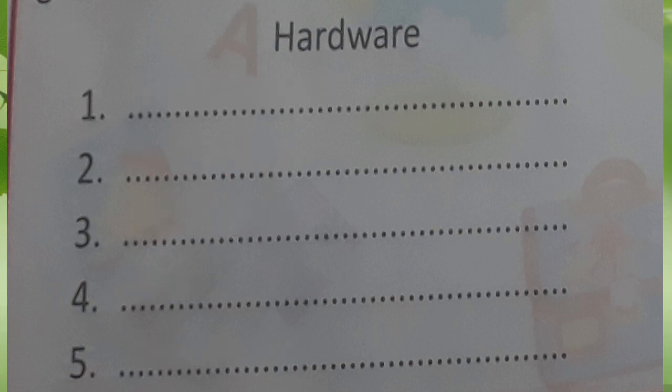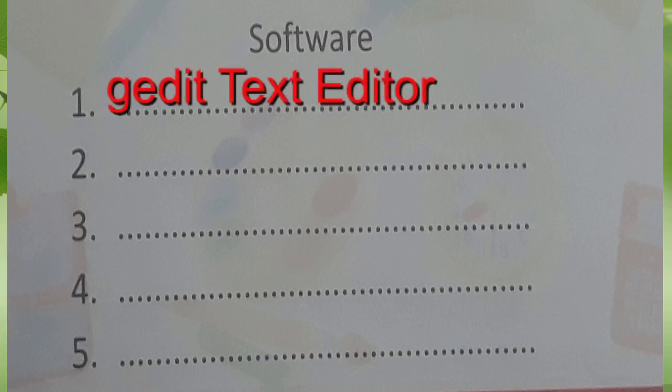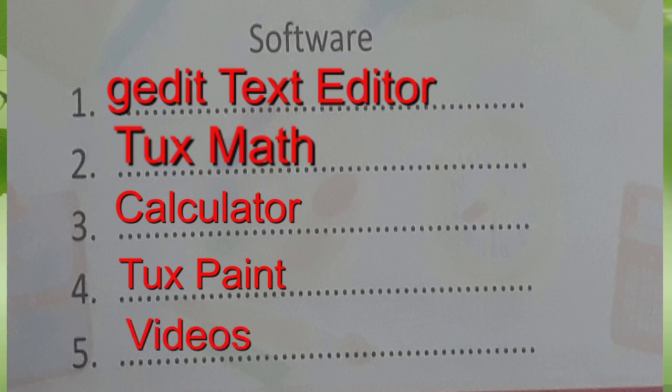These softwares we can see only on the monitor. Can you say some examples for 5 softwares? Gedit text editor, TuxMath, calculator, TuxPaint, and videos. Okay, so we have completed our activity.